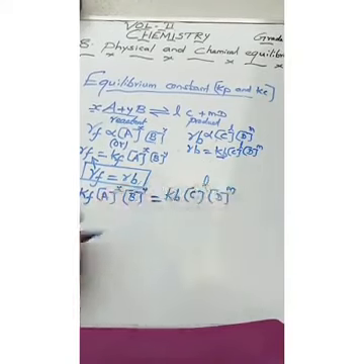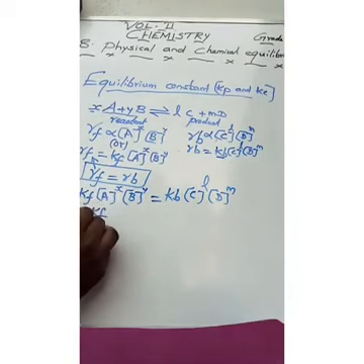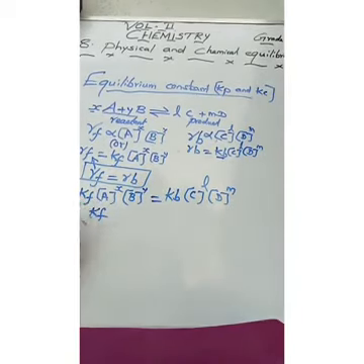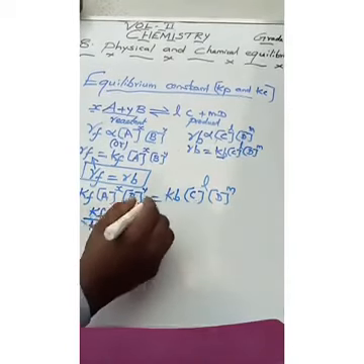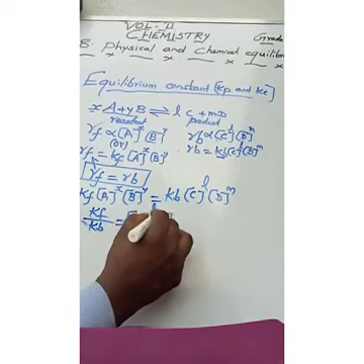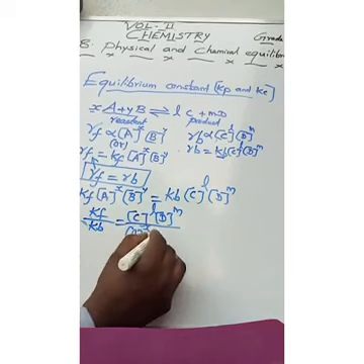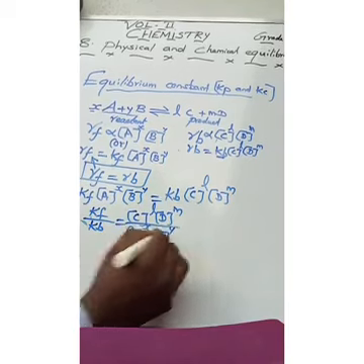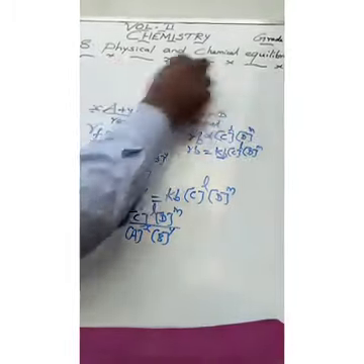Am I right? So from here we can take KF by KB. KF by KB is equal to C power L, D power M divided by A power x, B power y.